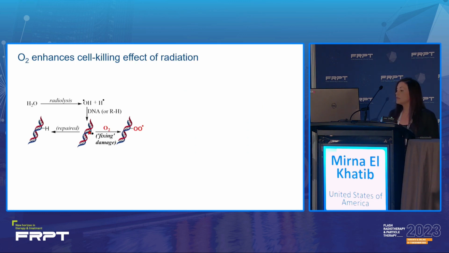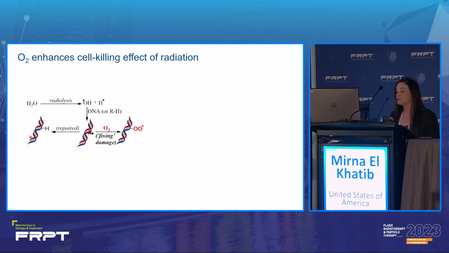So oxygen plays a major role in radiation. The radiation results in the splitting of a water molecule into a hydrogen radical and a hydroxyl radical. The hydroxyl radical is a powerful and indiscriminate oxidant, which can rip off an electron from pretty much any organic molecule within its vicinity. For example, with DNA, it can generate a DNA-centered radical.